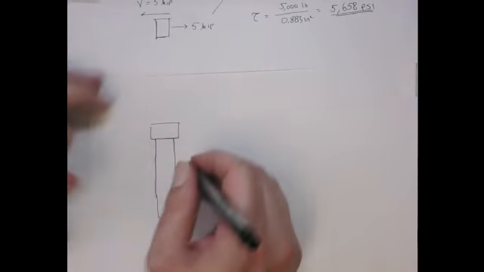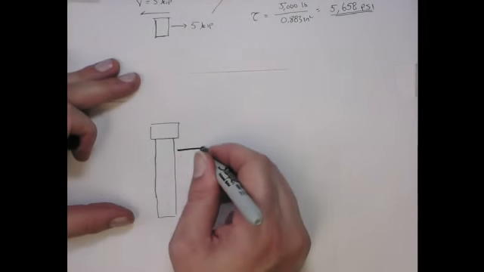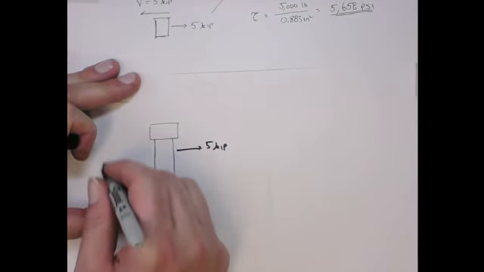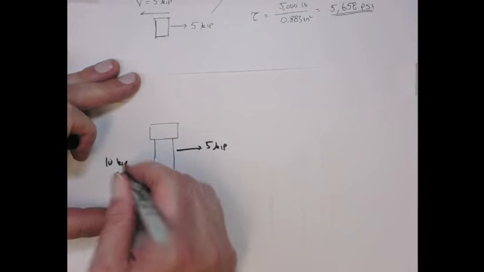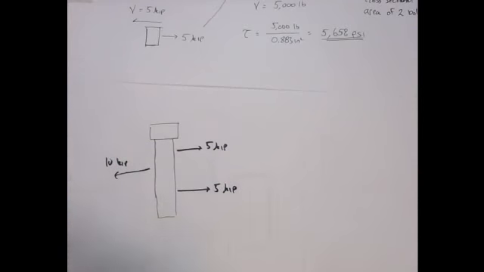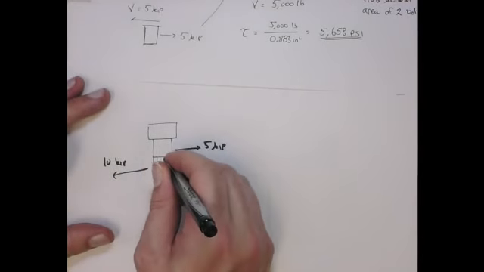And so basically we have the 5 kips, the 10 kips, and then the 5 kips. Okay? So don't be confused and do the 10 kips over the cross-sectional area, right? That's not the shear force. You have to get the shear force by looking at the cross-section.